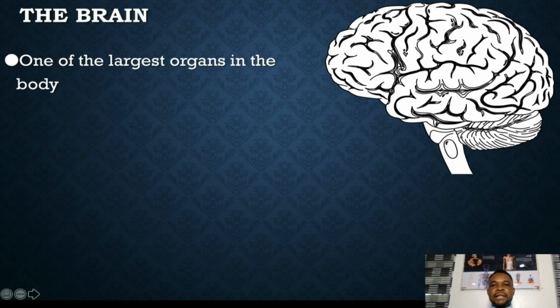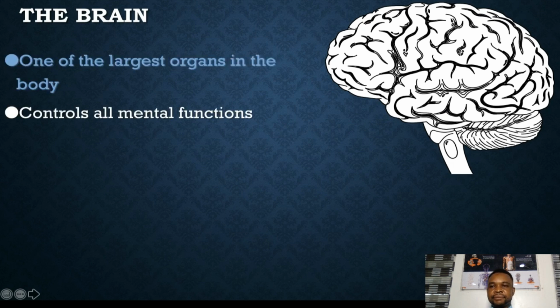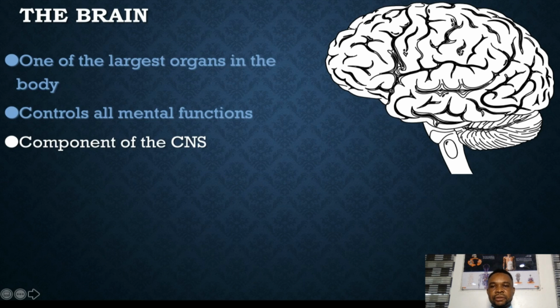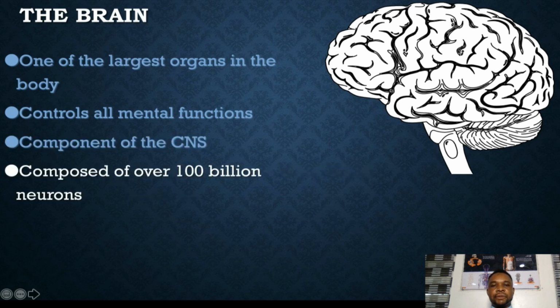The brain is one of the largest organs in the body and it controls all mental functions, all the activities of the body. As I've stated in our introduction about the functions of the brain, our body activities, control of our environment, and everything we do is a function of the brain. So the brain generally controls the entire activity of the nervous system and even other systems in the body.